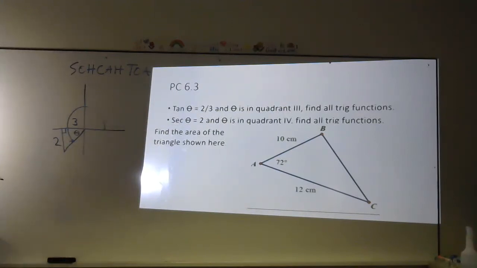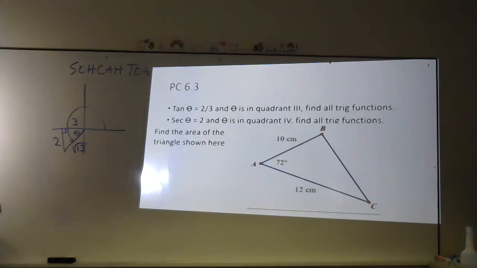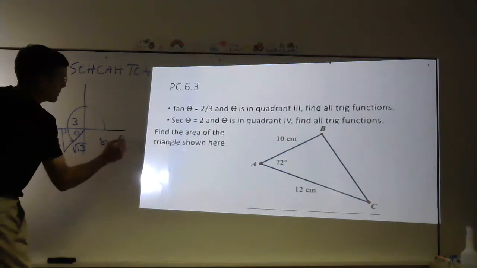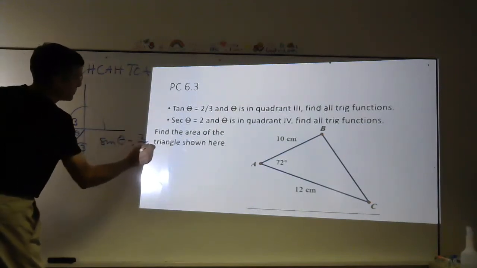So we're good. Now, we want to find all trig functions. Well, I'm going to have to find a hypotenuse. So let's do Pythagoras. 3 squared is 9, 2 squared is 4. This is root 13. So sine of theta should be opposite over hypotenuse, 2/√13.